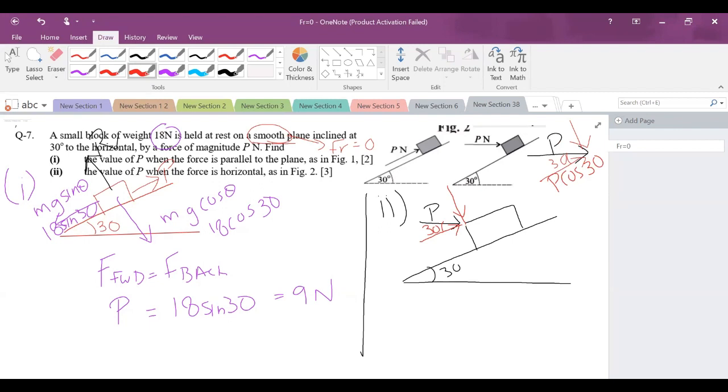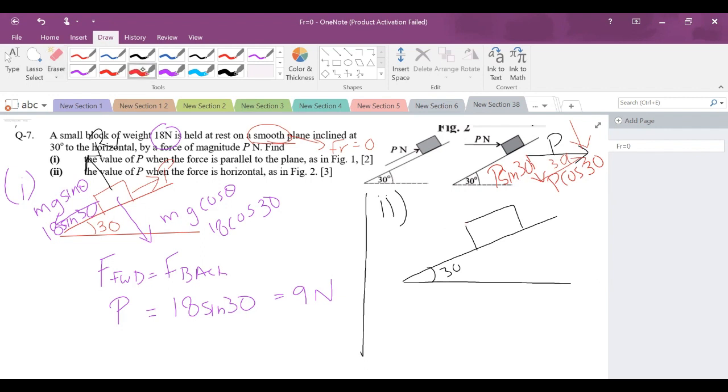Cos theta equals adjacent over hypotenuse. This other component is the opposite, the perpendicular component, so it's going to be sine. So P sine 30. Instead of P, I'm going to plot P sine 30 and P cos 30.